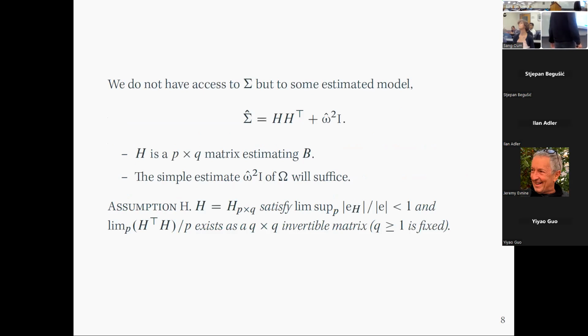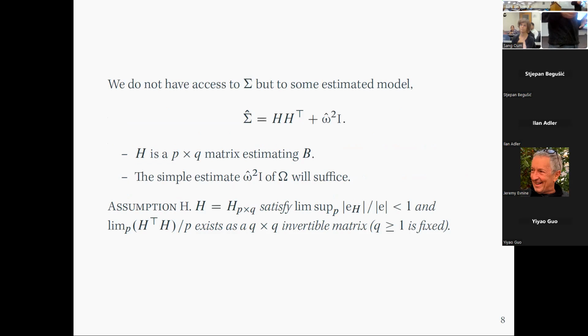But I want to move on to what I'm concerned about here, which is the estimation of the covariance matrix sigma. We saw that sigma splits into two parts, BB transpose plus omega, so it makes sense to do the same decomposition for the estimate. The estimated components I'm going to call H and a little omega.